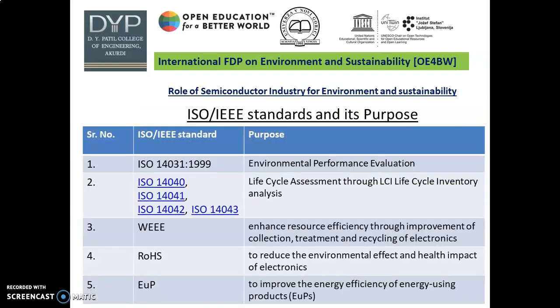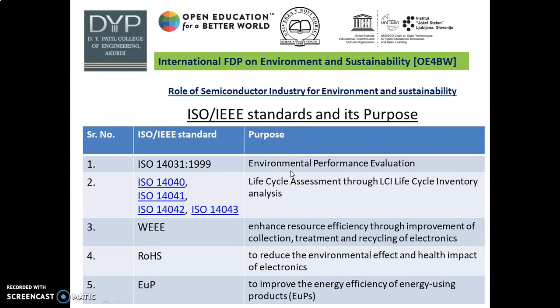By considering the various ISO standards or IEEE standards related to environment and sustainability for a semiconductor chip, the main standard is ISO 14031, that is 1999, which is used for environmental performance evaluation.